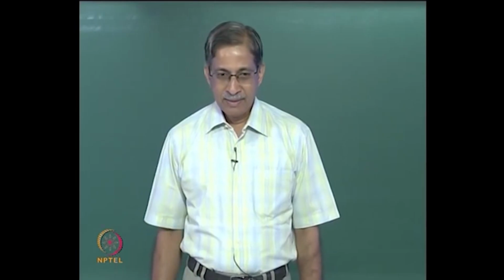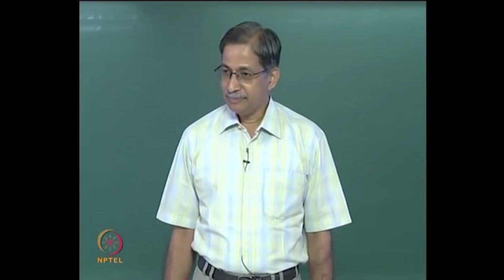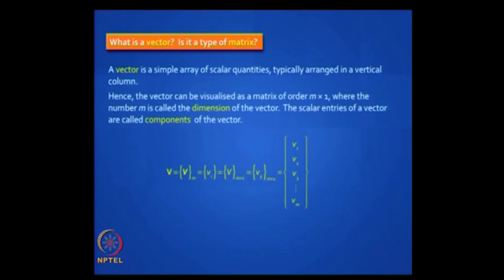Okay, so it's typically arranged like this, and again you have a bold letter to describe the vector, but here the brace we use just for convenience is a curly brace. If you put a square brace you are not really making a mistake because it is after all a type of matrix.